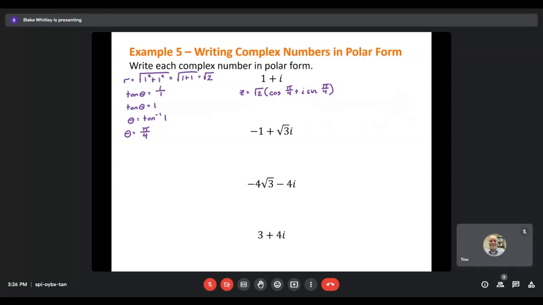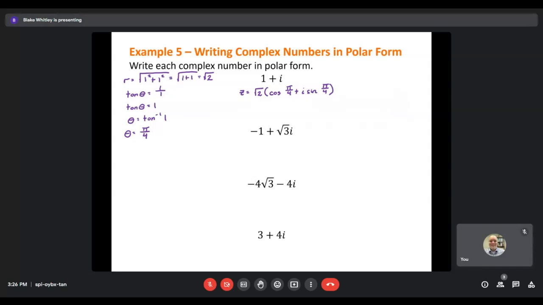And that's all we want to do there, okay? Because if we were to actually simplify and calculate the cosine of pi over 4, the sine of pi over 4, distribute the square root of 2, all that's going to happen is it's going to give us back the original complex number that we started with. Okay, and so this is now the polar form of that complex number.